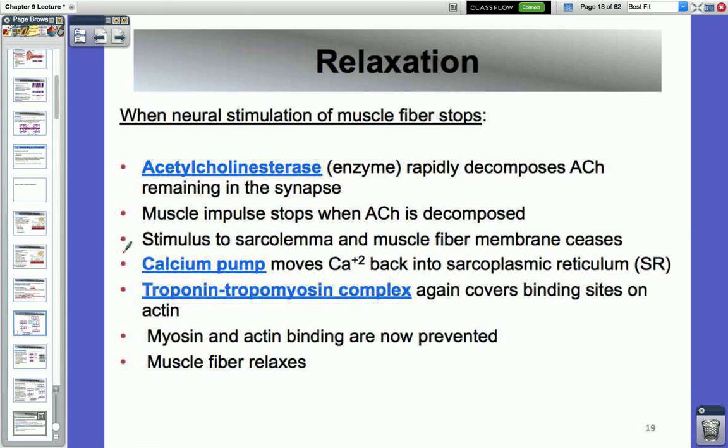The calcium is not going to be released from the SR, so it's going to go back into the SR and be stored. And since we no longer have any calcium, it cannot bind to troponin, which cannot move tropomyosin out of the way. And so now the actin binding sites are covered, and myosin cannot bind to it, which means that the muscle is now relaxed.